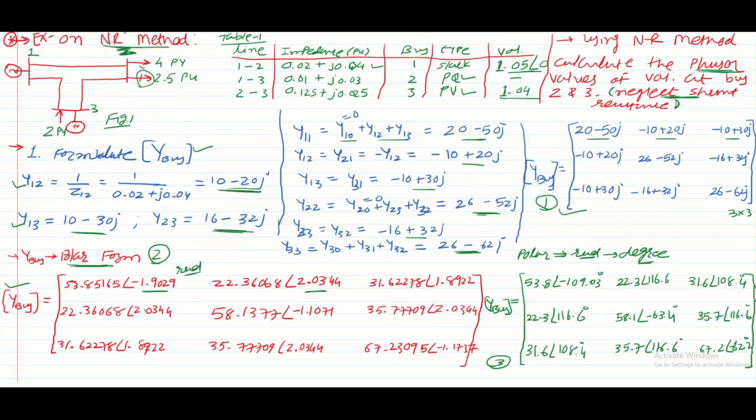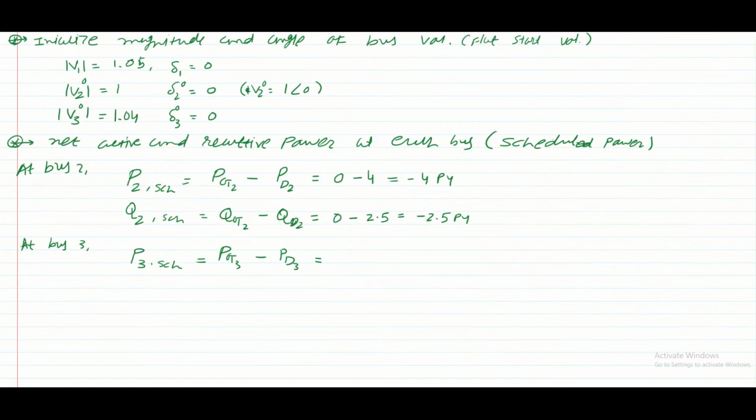Let us see into the data set where at bus number 3, 2 per unit is into the network, that means it is generated by the generator at bus number 3. So the generation is given as 2 per unit, demand is not given, that means 0. So over here it is 2 minus 0, which is 2 per unit.